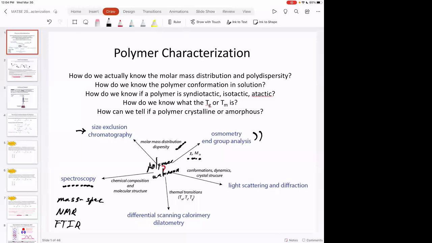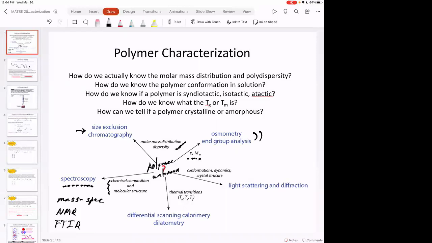And what do NMR and FTIR tell you about? Mass spec obviously tells you about the mass of different things flying through your spectrometer. What do NMR and FTIR tell you about? Yes. Functional groups. Chemical functional groups, right? So that's really important. When you have polystyrene, how do you know what the functional groups are? You take it to the NMR or you take it to the FTIR and you can fingerprint that.